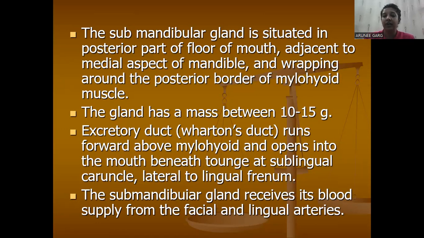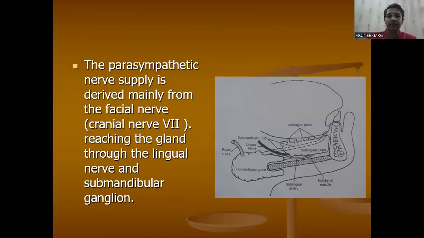The submandibular gland receives its blood supply from the facial and lingual arteries. The parasympathetic nerve supply is derived mainly from the facial nerve, reaching the gland via the lingual nerve and the submandibular ganglia. This is the submandibular gland and the submandibular duct, Wharton's duct.